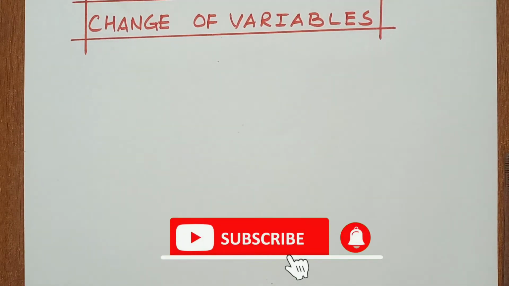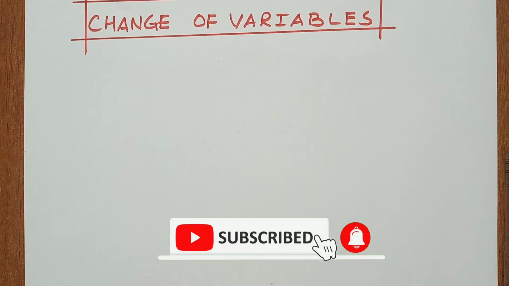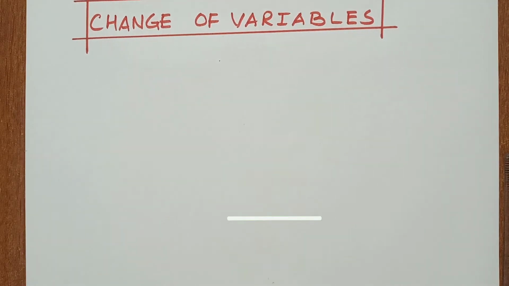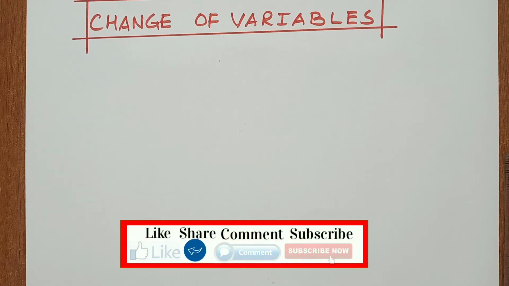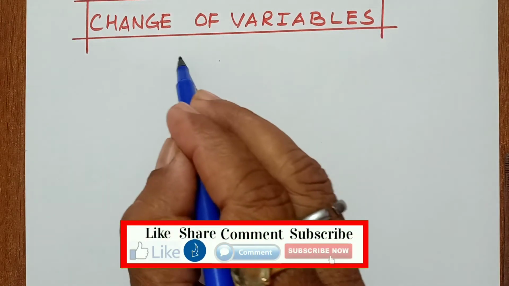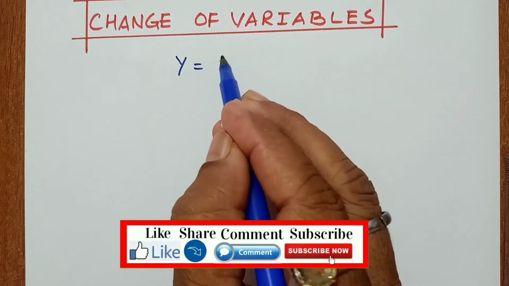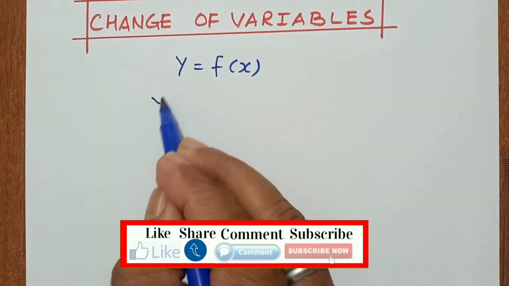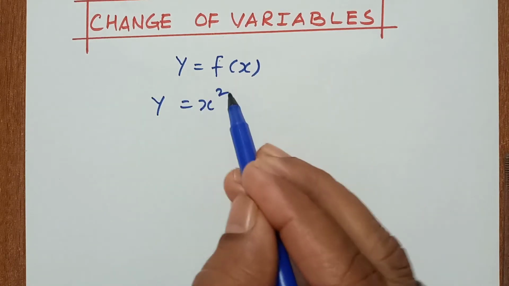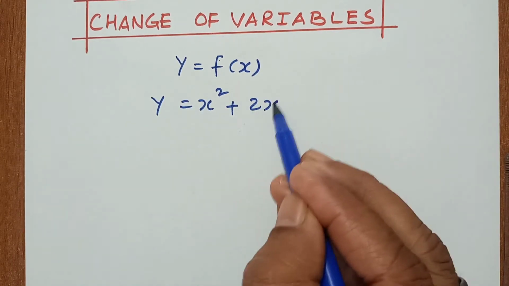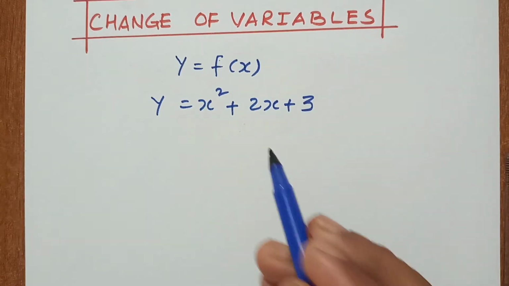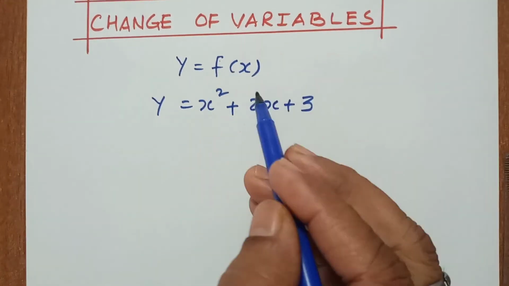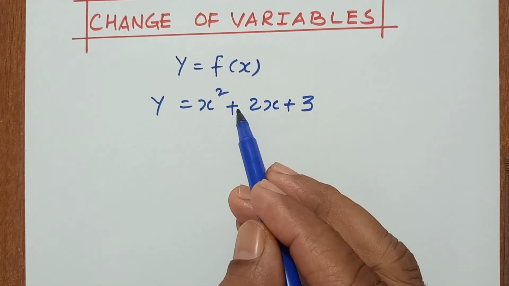Change of variables. So now we will start the study of change of variables. As we know, if y is a function of x, say y is equal to x square plus 2x plus 3, this is y as a function of x.